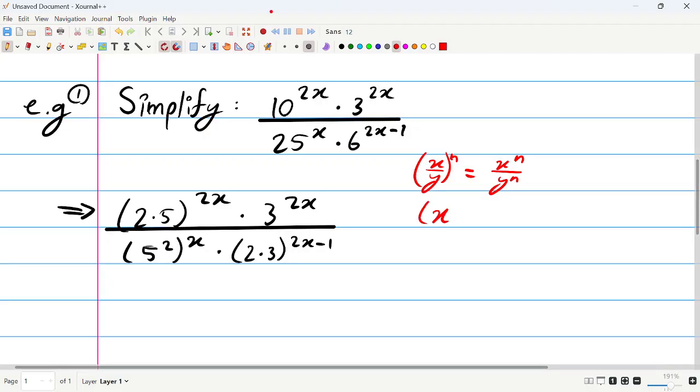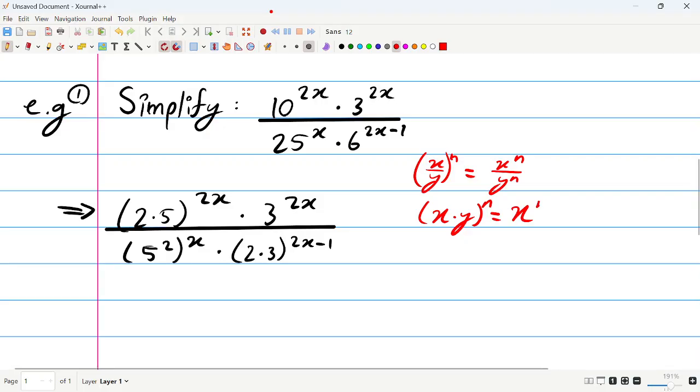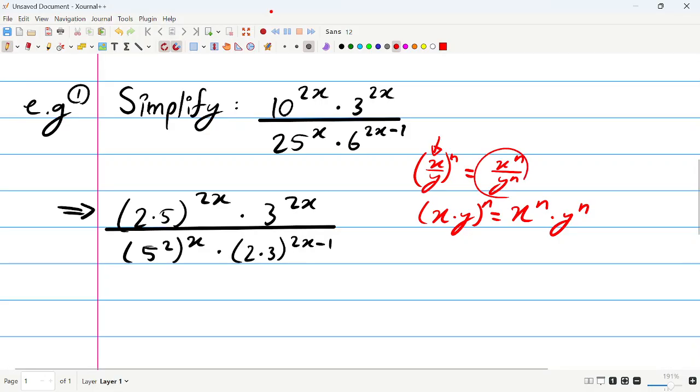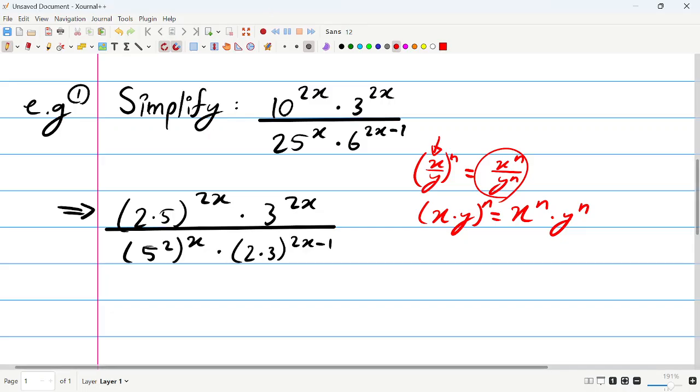So if we say x multiplied by y all to the power of n, then this is just going to be x to the power of n multiplied by y to the power of n. I would recommend maybe converting this to multiplication form and then trying to see if it gives you something along the same as this. And it should be able to. And that should be the reason why this works.